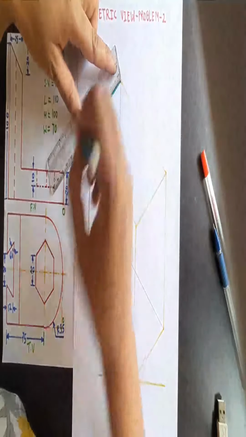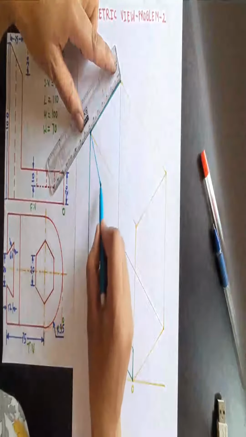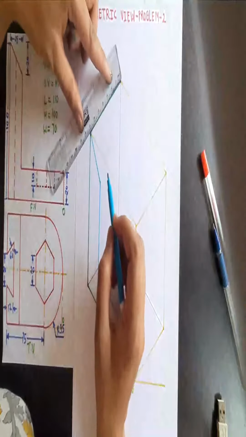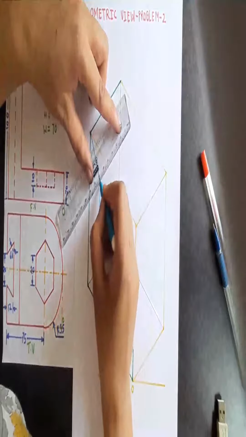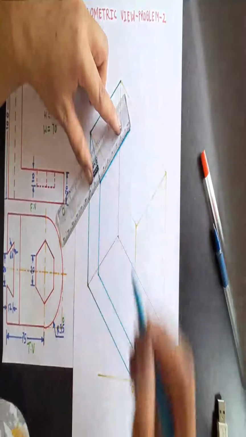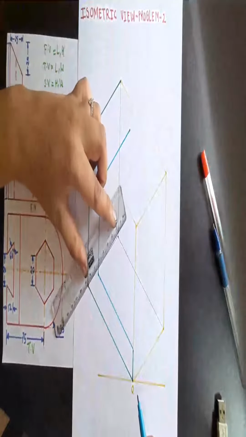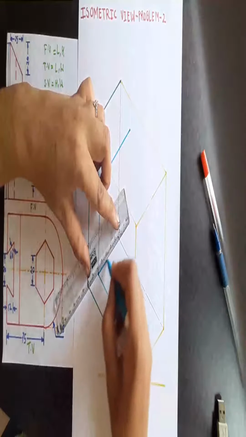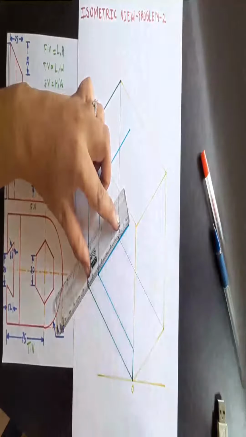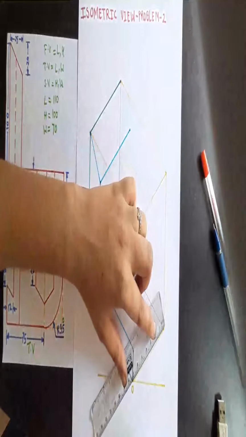So here I am extending it. Then next point is this one. So you can take this and extend it like this. Similarly here, extend it along the width by a distance of 70 mm.